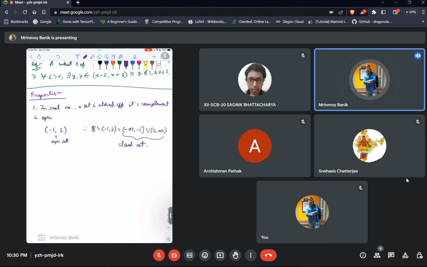So in terms of sequences, if you have a closed set S and the terms of the sequence are in that set S, then the limit will have to be inside that set. But this is not exactly true for open sets.